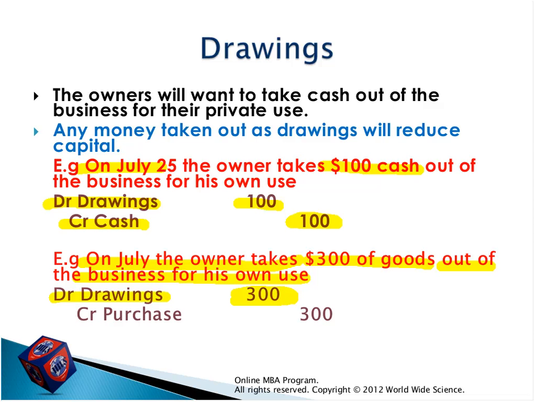But it can't be for free because it's business. For any kind of things you have to pay, right? And you have to record it. And drawings as expense will be increased for 300.